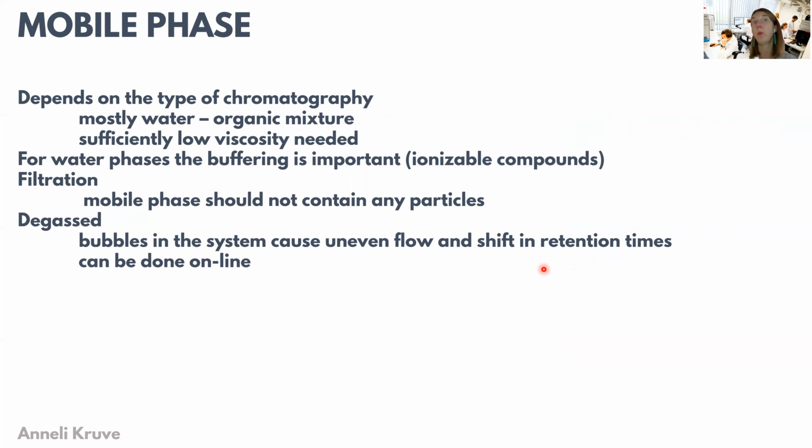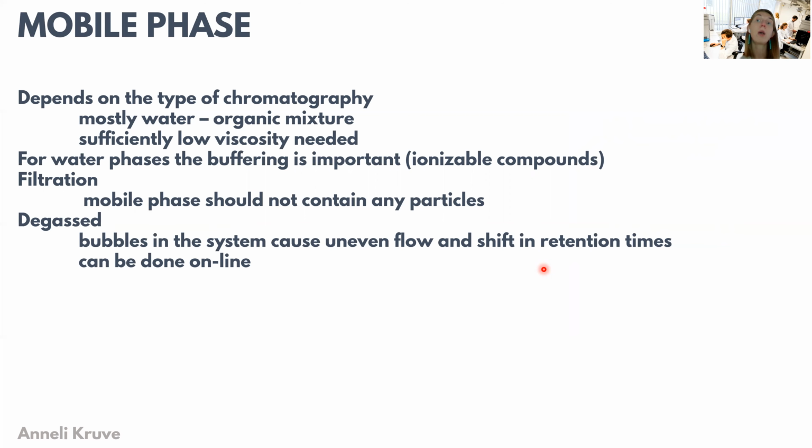Firstly, mobile phase. The exact composition of the mobile phase is not prescribed. It depends on the type of chromatography. If we have reversed phase chromatography, which is mostly used, then we have primarily water, mixed with some part of organic modifier.